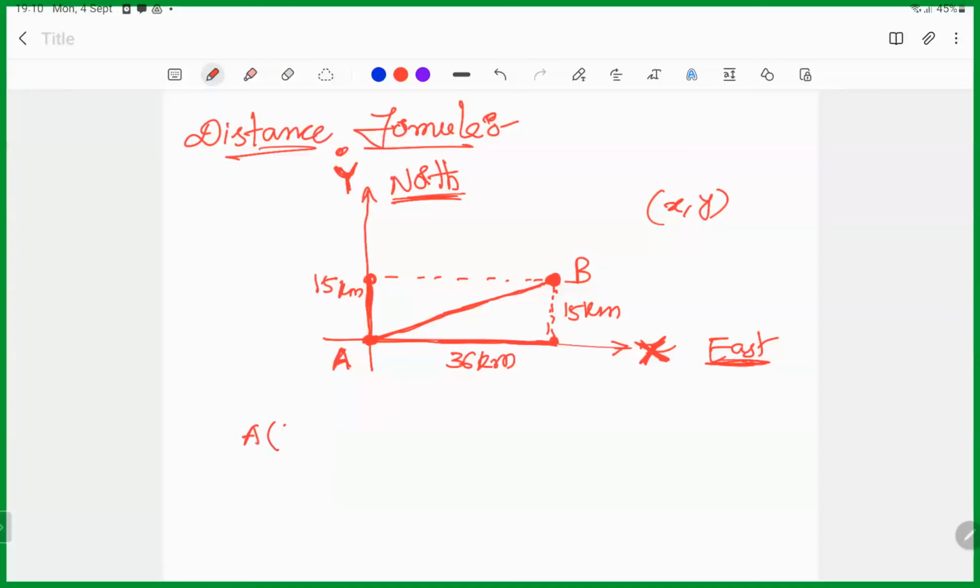A is (4, 0), B is (6, 0). So will these points lie on the x-axis or not? Why? Because the y coordinate is 0. You should not say the y axis is 0, the y coordinate is 0. So these 2 points lie on the x-axis.